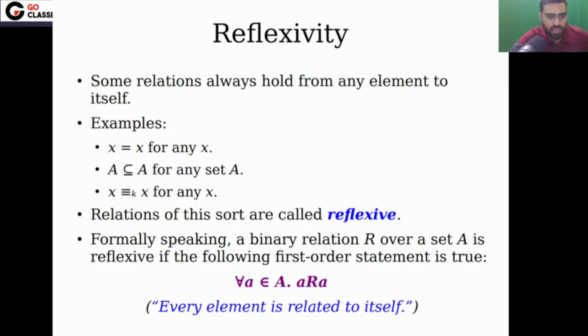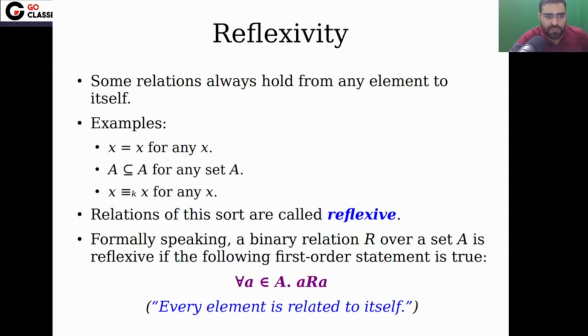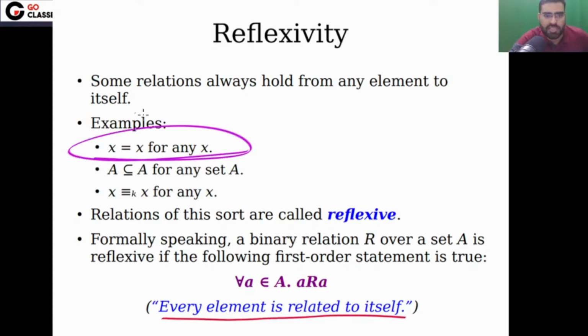I hope you understood. Now what is this reflexive property? Reflexive property means every element is related to itself. For example, x is equal to x for any x, a reflexive relation. Every element is equal to itself, every set is a subset of itself, every element is congruent modulo k to itself.